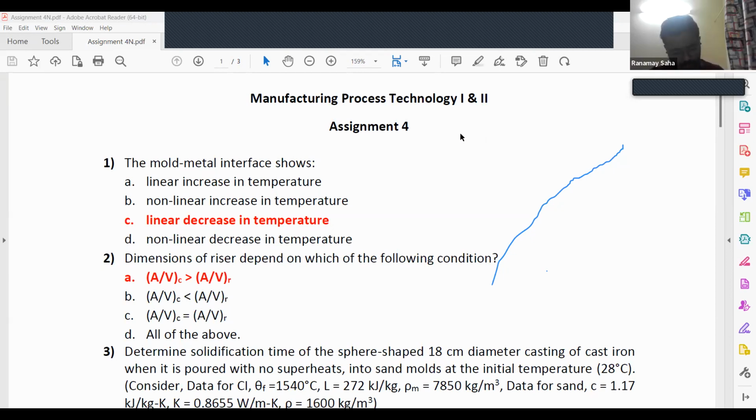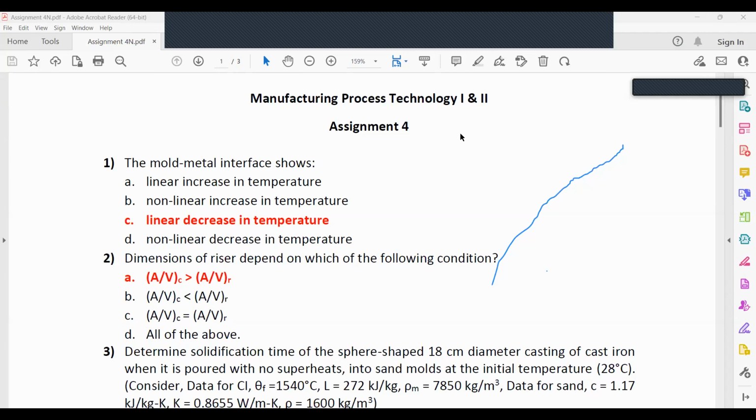For riser, it should be low. But option A is less than casting, na? Answer B is correct, I think so, sir. I placed B, but the options are again wrong. Okay, I'll tell you, just a minute.